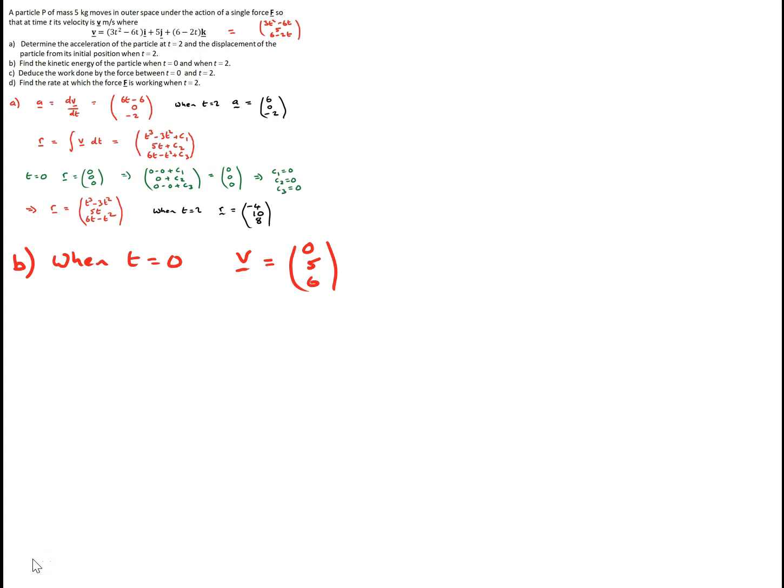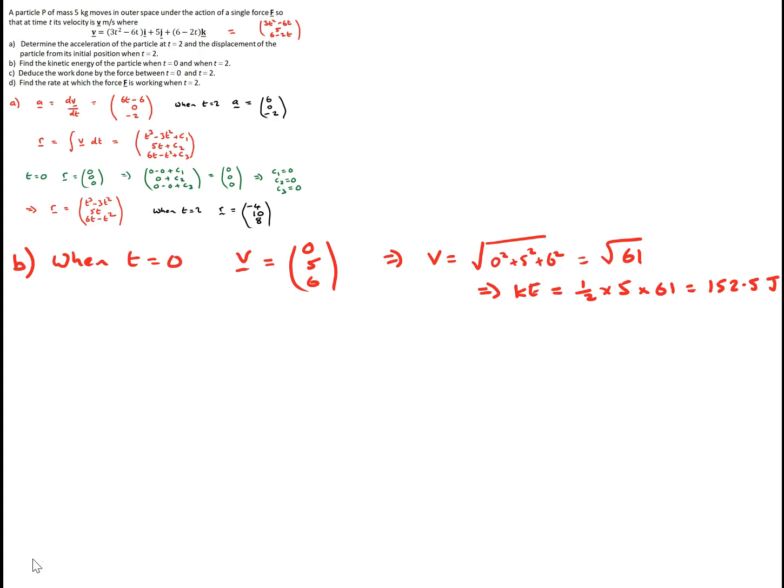So the initial speed of the particle is the square root of 0 squared plus 5 squared plus 6 squared, which is root 61. Which means that the kinetic energy of the particle initially is a half times 5 times the speed squared, which is 61, and that gives me 152.5 joules.